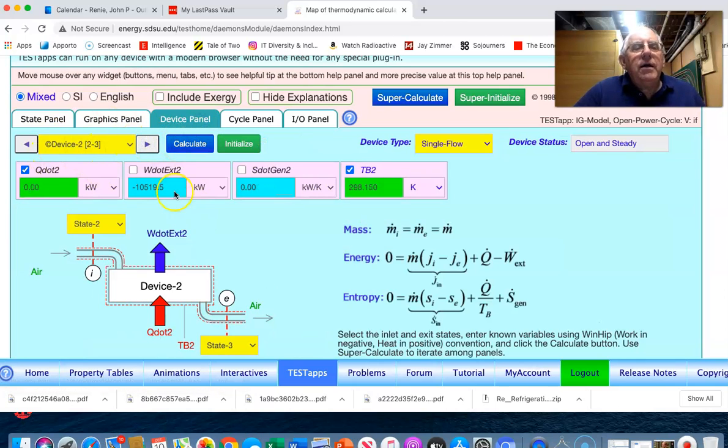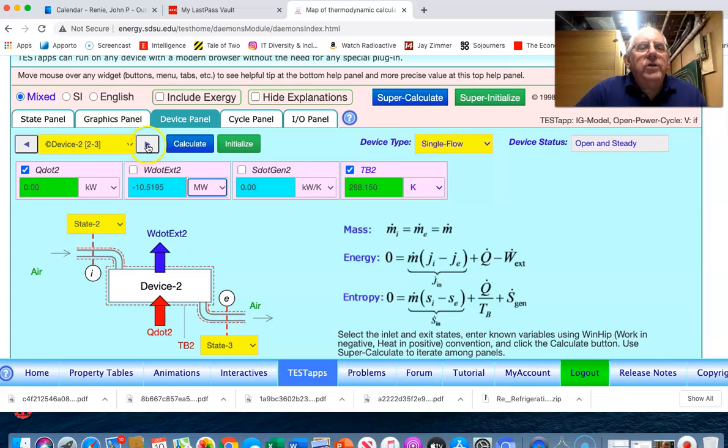So now this is the work of the compressor. We see that it is, in terms of megawatts, minus 10.5. And so that's the work that's required to cause the 11-to-1 pressure rise, as we saw, and that is the power that's going to come back from the turbine.